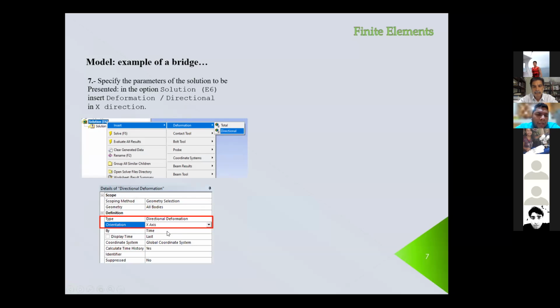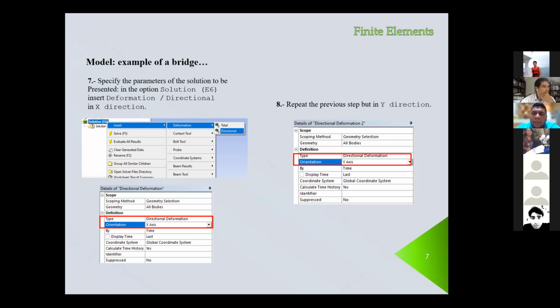So you can change the orientation to the x-axis or the y-axis. You have to create these parts and then repeat this step in the y direction.